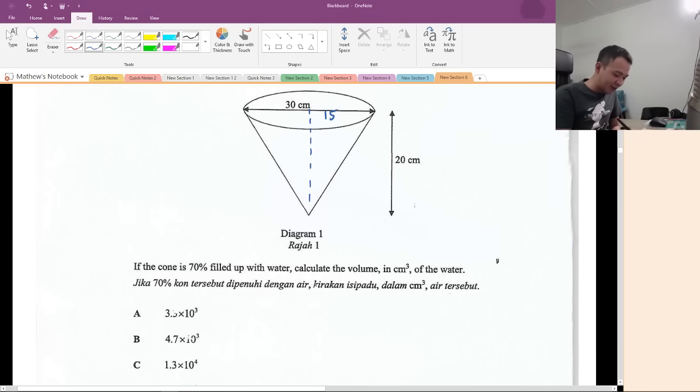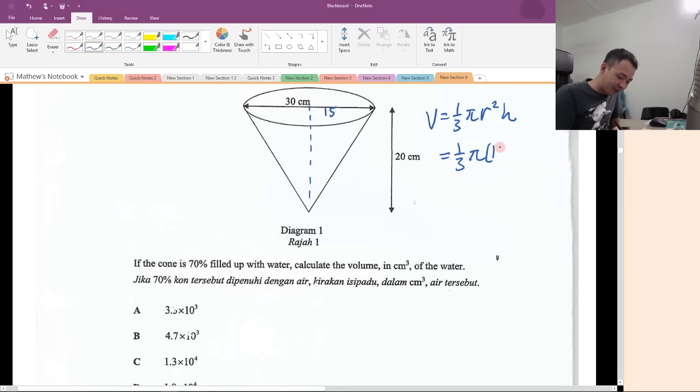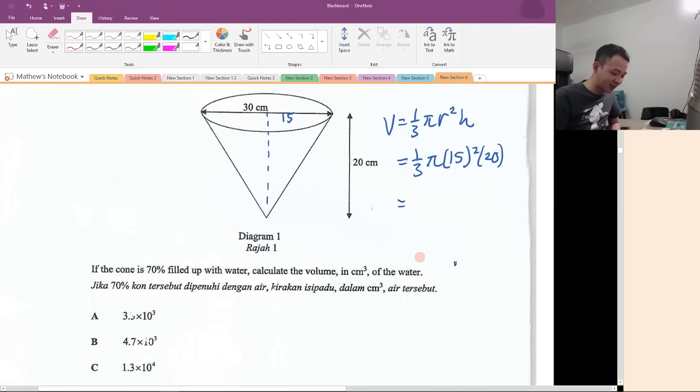Alright, therefore, in order to find the volume of the cone, you should know the formula for the volume of the cone. Volume is equal to 1 over 3 pi r squared h. So what I will do is 1 over 3 pi, this one should be 15 squared, right? So 15 squared, h is 20. So I will get this volume. And actually this is subjective, so I will just multiply with 70% straight away.